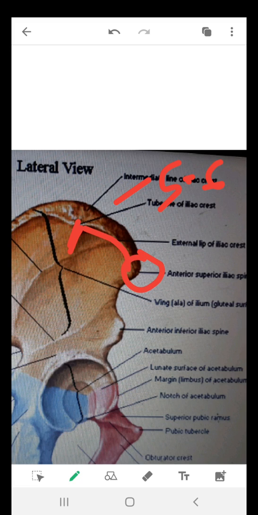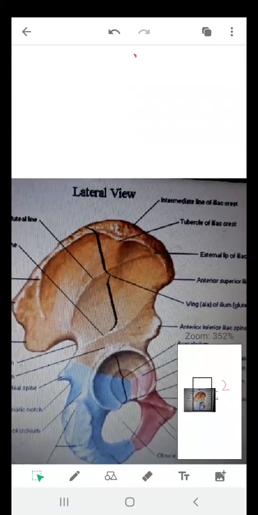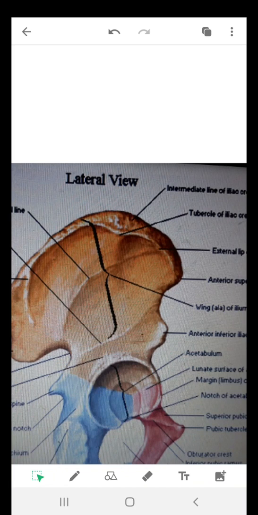This information is actually paramount. In fact, all the information here is paramount. So we have done justice to the iliac crest.